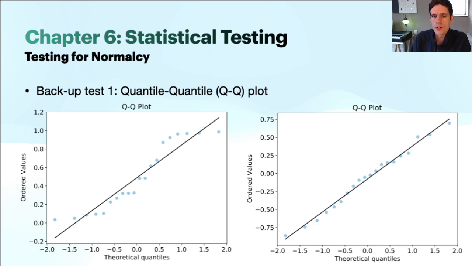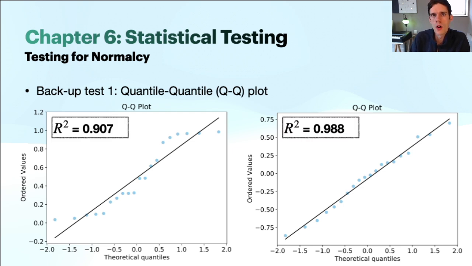Now, this is of course just a visual inspection. If you want to have it more precise and thus get a numerical value for this, then we compute the r-squared value for each of these plots. Now, the r-squared value is basically a measure for how closely clustered around this line our sample points are. And the more they are clustered around this line, the higher the r-squared, with a maximum of 1.